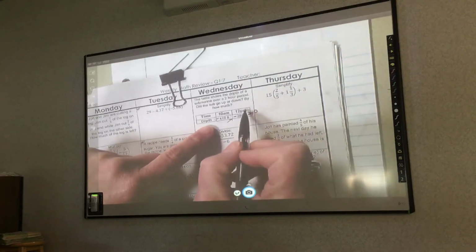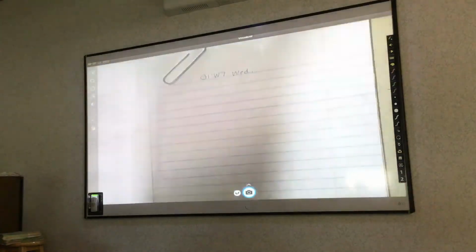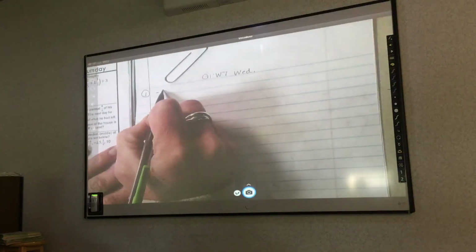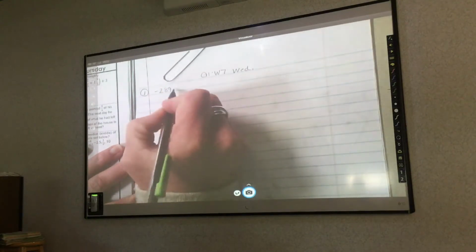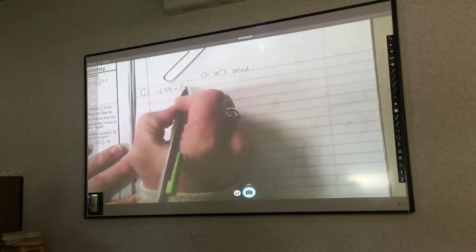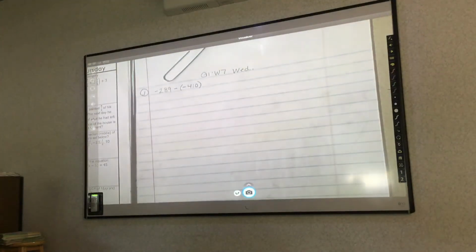When you're subtracting, you start with the latest time. So I'm going to start with a negative 289, and I'm finding the difference, so it's minus a negative 410. That is how you should set up problem number 1.